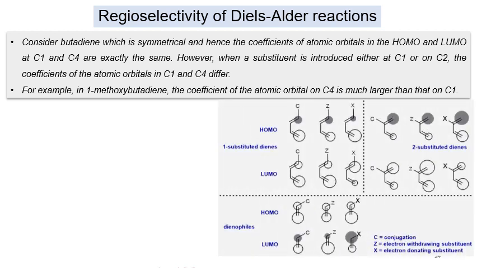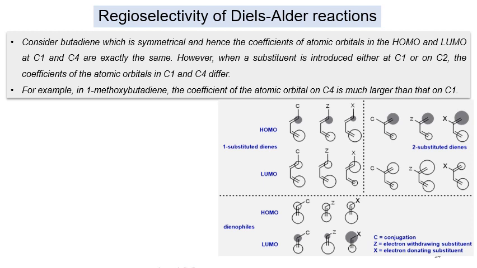Suppose we consider simple butadiene. This butadiene is symmetrical, and obviously the coefficients of the atomic orbitals on the HOMO and LUMO are exactly the same. So when a substituent is introduced at the C1 or C2 position, the coefficients of the atomic orbitals at C1 and C4 will differ.